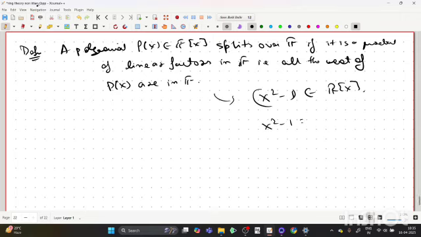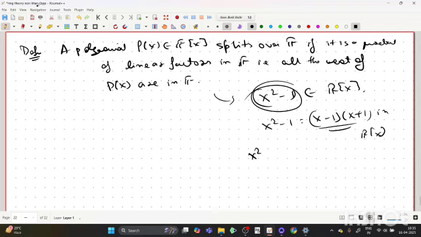Then I can write x squared minus 1 as (x minus 1) times (x plus 1). So it's a product of linear factors in R, so this splits over R. But x squared plus 1 in R[x] does not split over R.